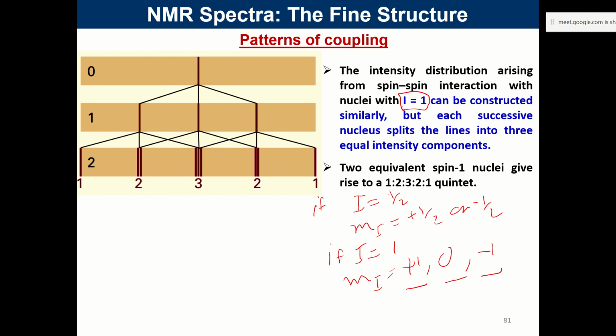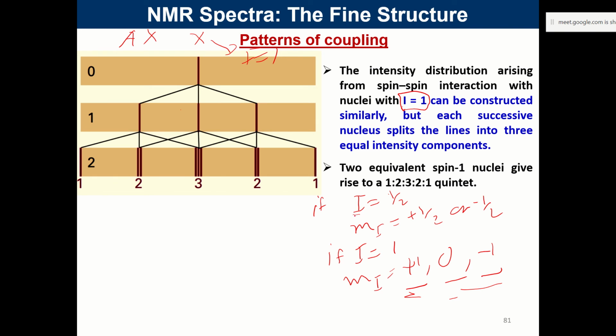The AX system that we are talking about, X having I is equal to 1, we have this kind of situation where the first interaction splits into 3, depending on the 3 different orientations of the spin angular momentum. Okay, so the Z component of each is different. Remember, we told you S for the electron. The spin in nuclei is denoted by I, the quantum number of spin angular momentum, and then its orientation.